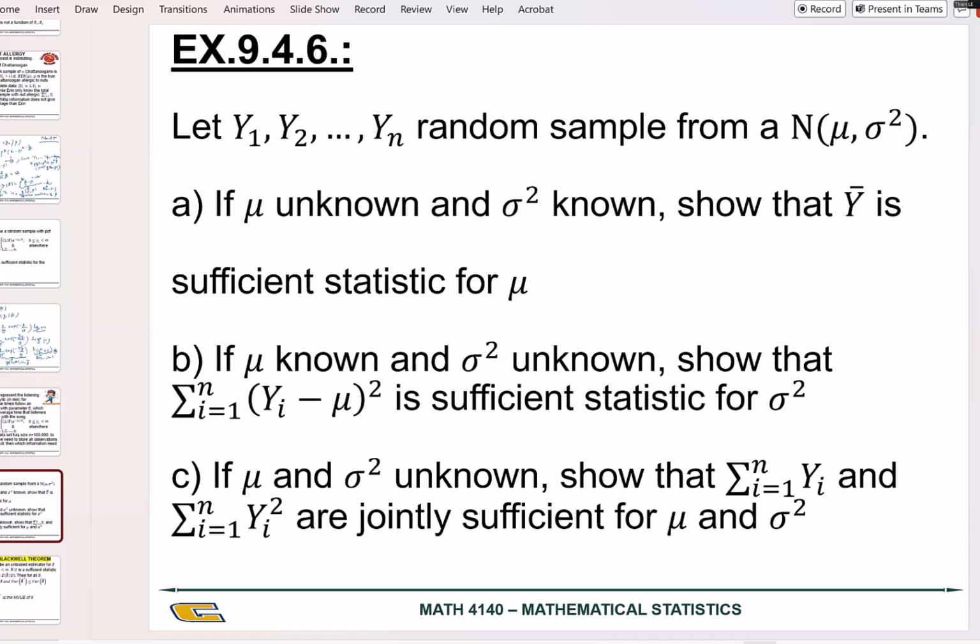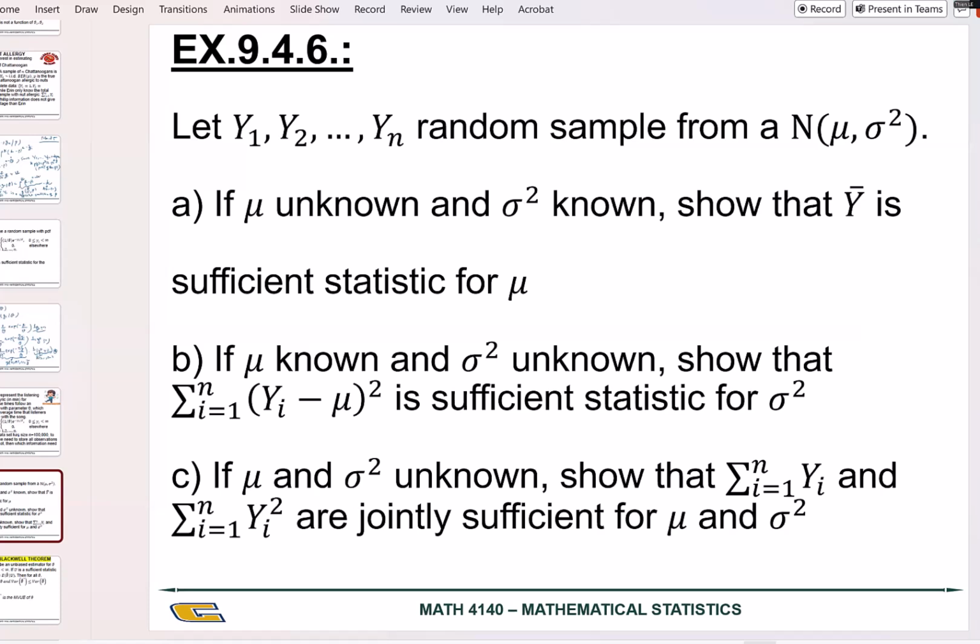So there are three cases. One case, you know the variance, sigma square, and you don't know mu. So you need to prove that y bar will be a sufficient statistic for mu.